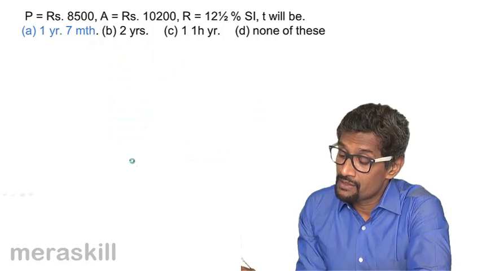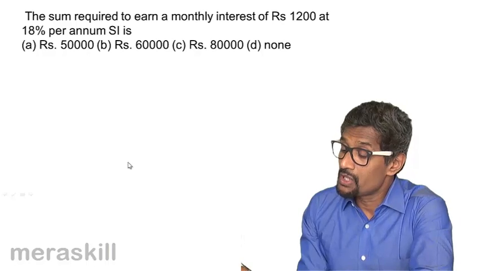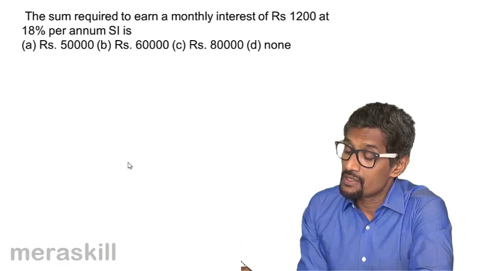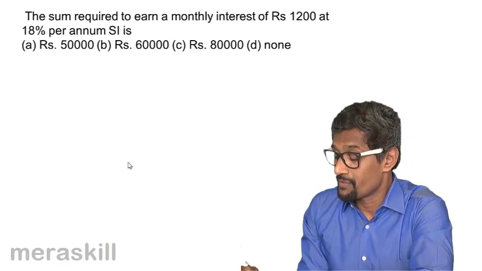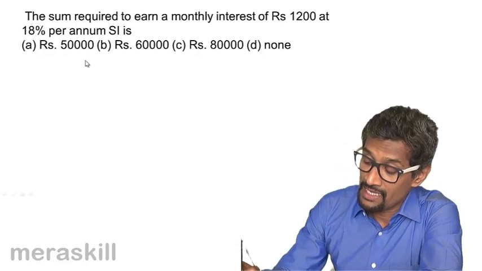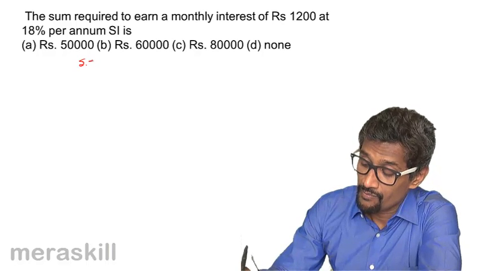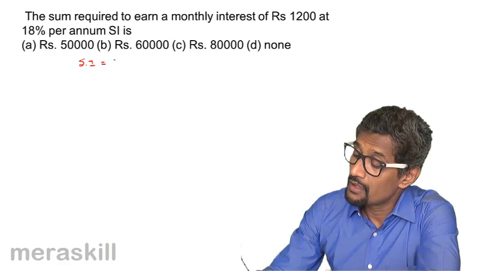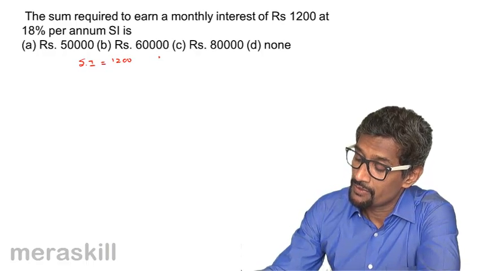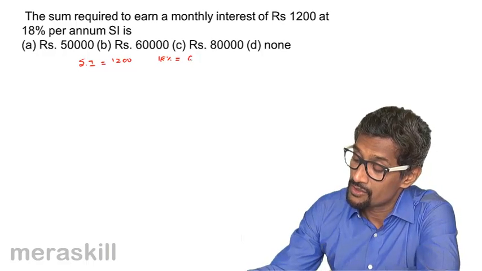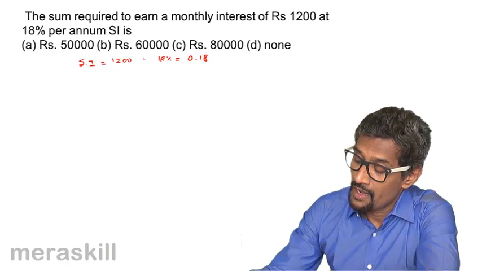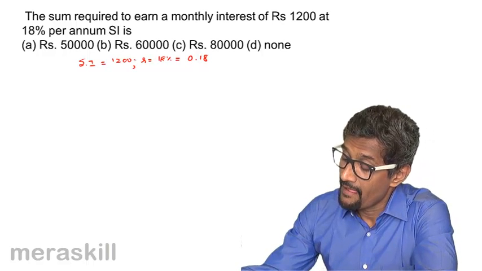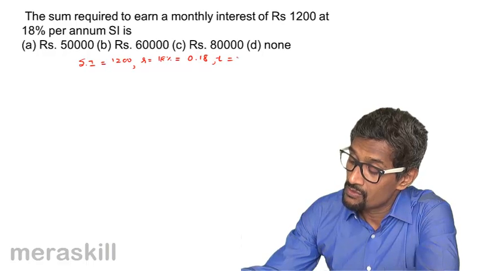Right? It's an agreement. Furthermore, the sum required to earn a monthly interest of rupees 1200 at 18% per annum. SI has been given as 1200, the rate of interest is 18%, that is 0.18 is R, and per annum, so T is equal to 1.